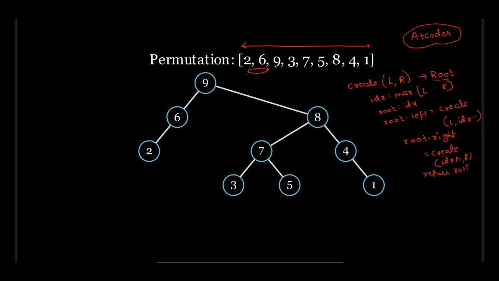Like if you want to figure out the max depth of an array from L to R, it will be 1 plus max depth of L to IDX minus 1, comma, max depth of IDX plus 1 to R. So here you will not need to explicitly create the tree, but even if you want to, that's fine.